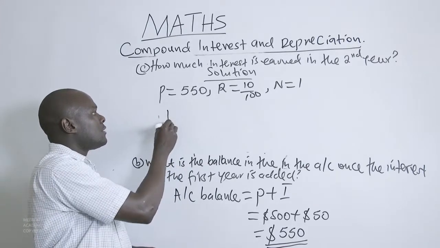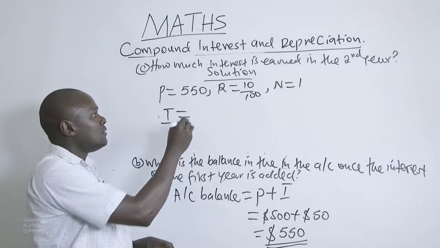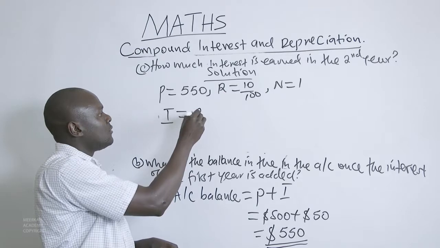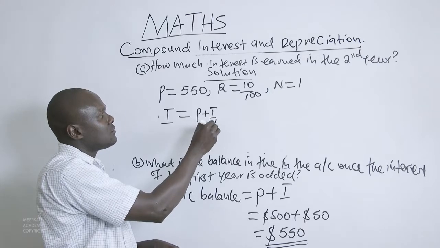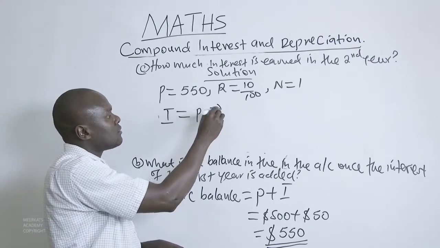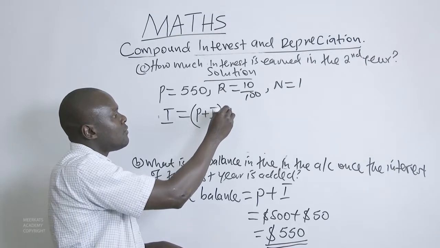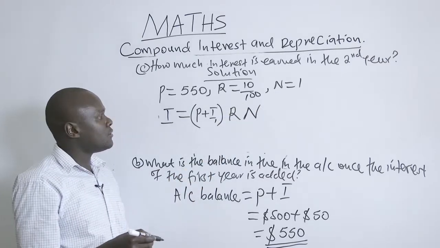So we go ahead and write down our simple interest formula. We want to update it. This will be the principal plus the interest earned in the first year, which we can call interest 1, multiplied by the rate that has not changed, multiplied by the period.